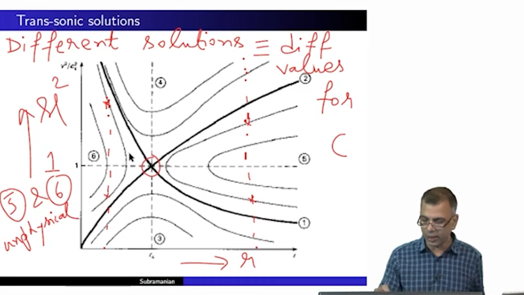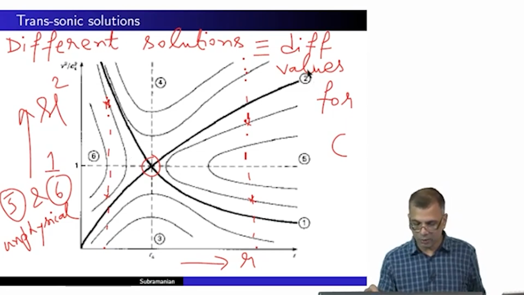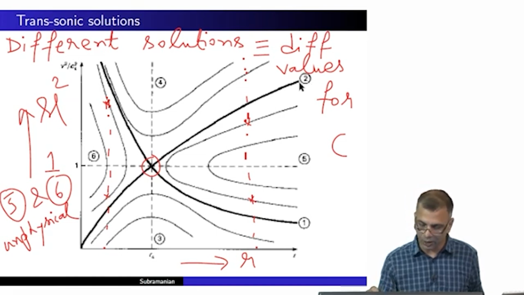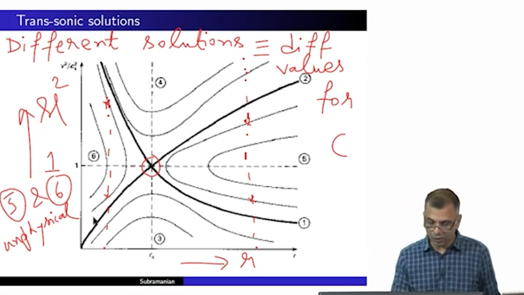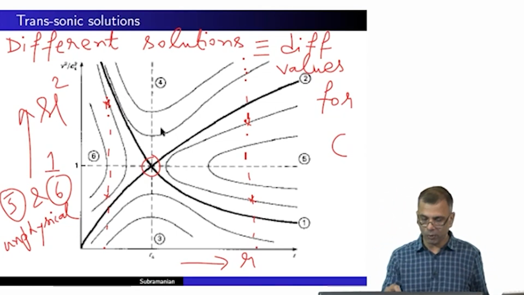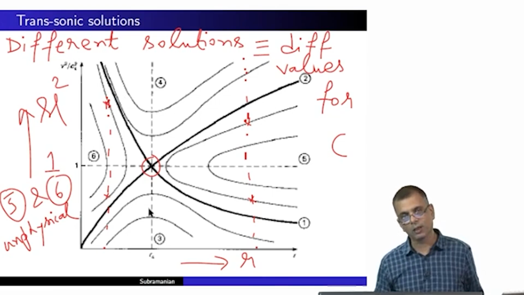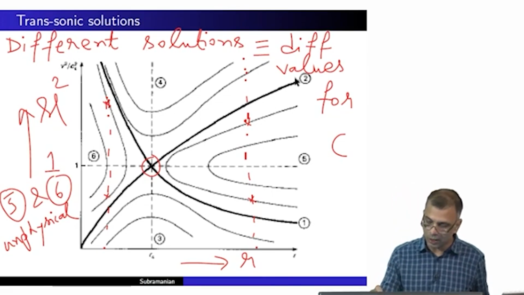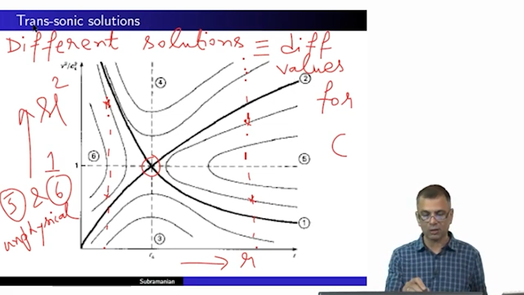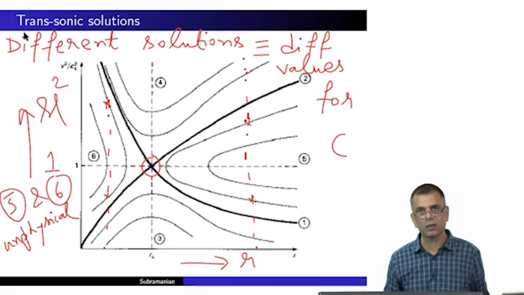Solution 2, on the other hand, starts supersonic, with Mach number greater than 1, and it ends up at Mach number less than 1, but it passes through the sonic point. Solutions 3 and 4, however, do not pass through the sonic point. They are not transonic solutions. Only solutions 1 and 2 are transonic solutions. They are the only bona fide transonic solutions.